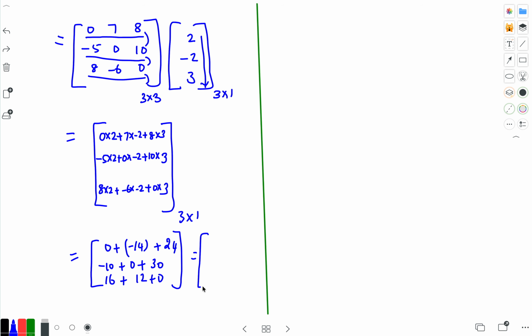That is minus 14 plus 24 is 10. 30 minus 10 is 20. 16 plus 12 is 28.